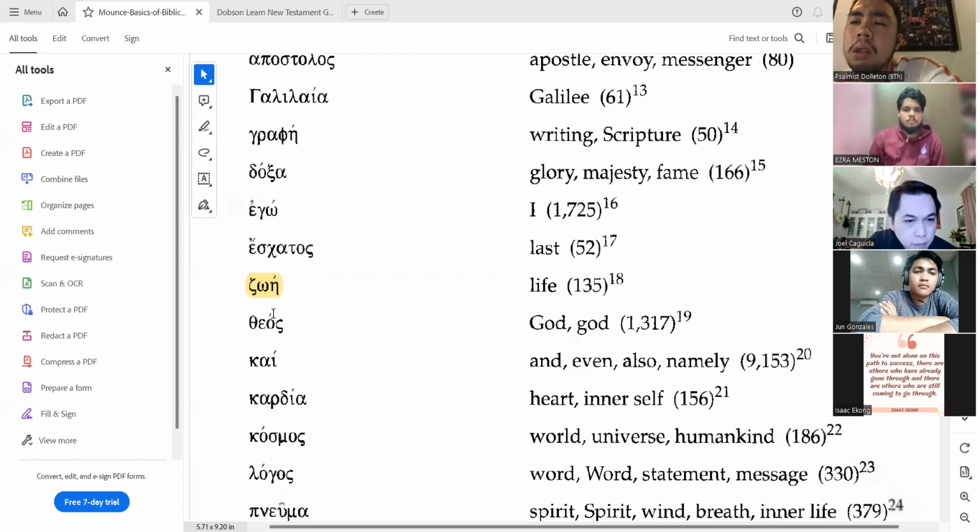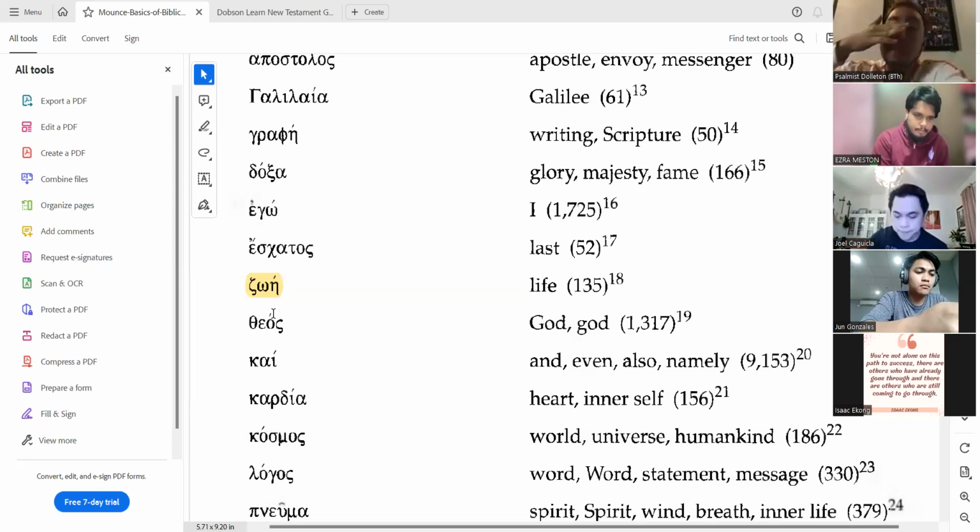Eta is the name of the letter, but you read it as just A. So if you combine it, it becomes zeta, omega, eta. Zo... Zoe. Zoe. That's life. Zoe. Good. And then Joel, this one.